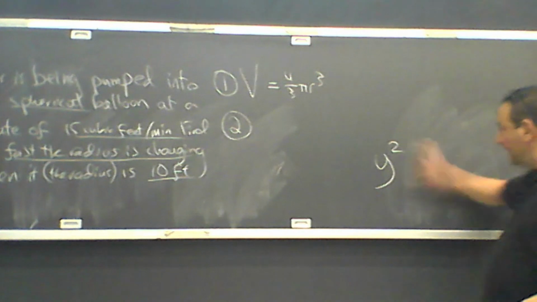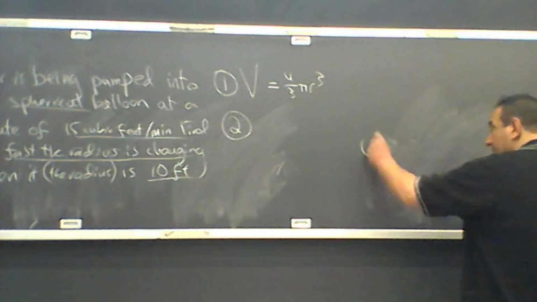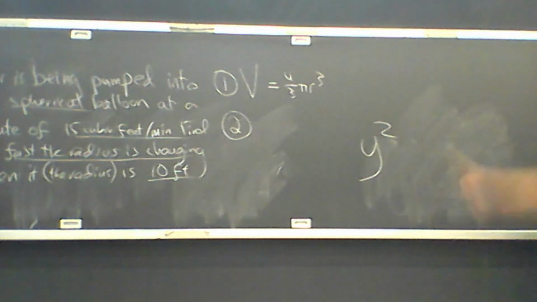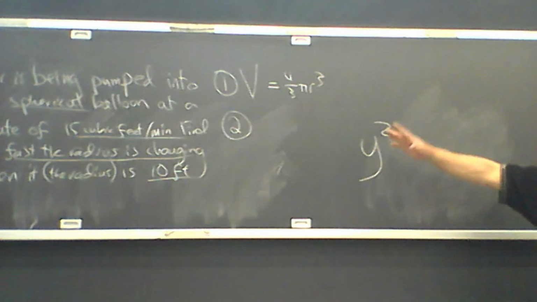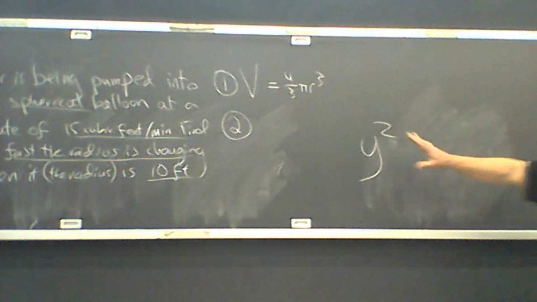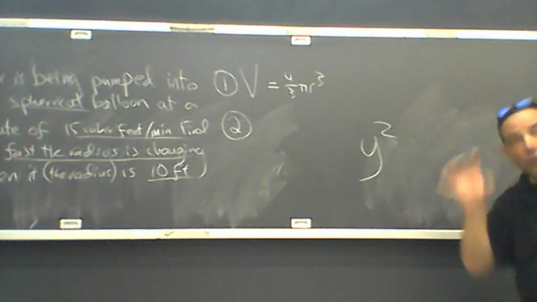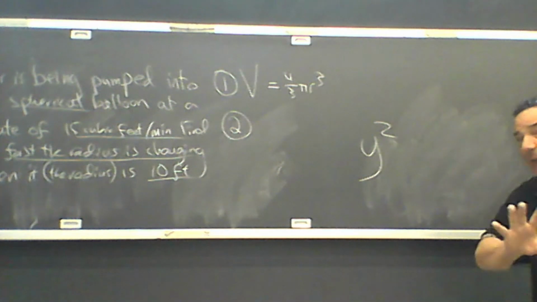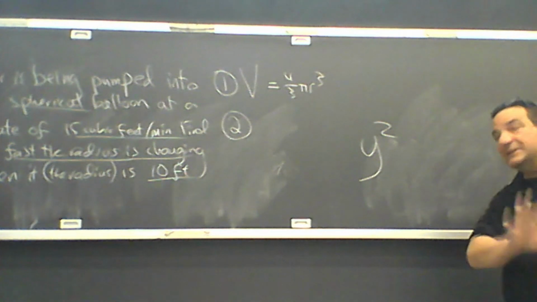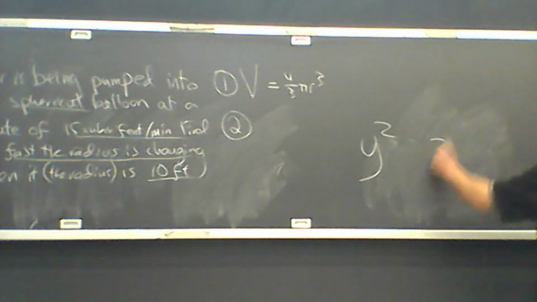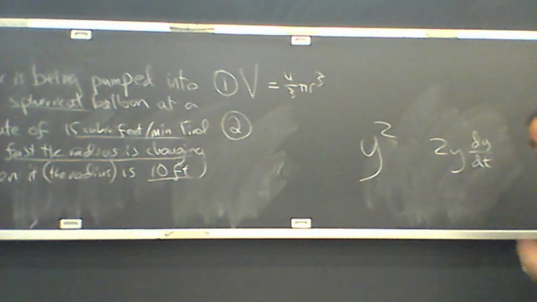So if I have a variable like y squared, so I'll do y squared again. Suppose we don't have y squared in this formula, but we have r squared, right? And we have r cubed, right? So if I tried to take the derivative of y squared with respect to time, where t represents time, we would get 2y dy/dt, right?